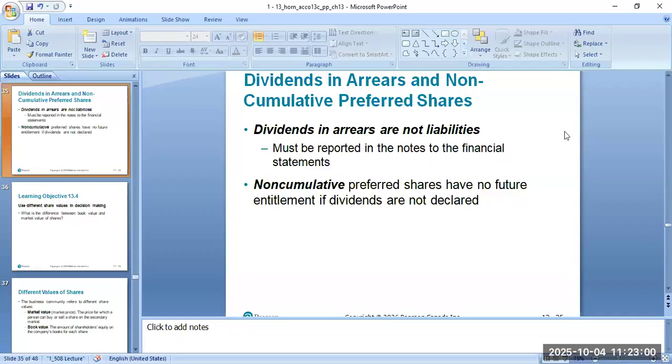Now, which one is a liability, and which one is not? Liability is created on the date of declaration. That brings up the question: what if we haven't paid the preferred shares dividend from the previous years? Is that a liability for us? Legally, it's not.